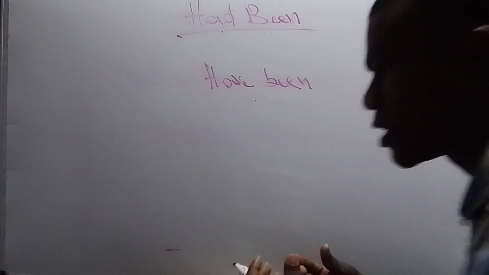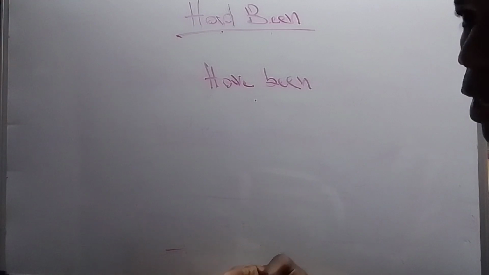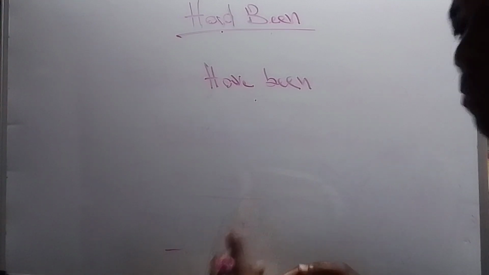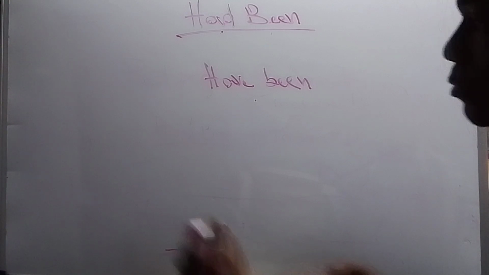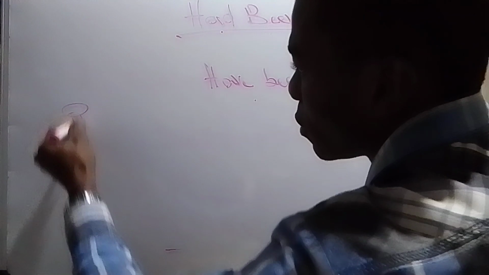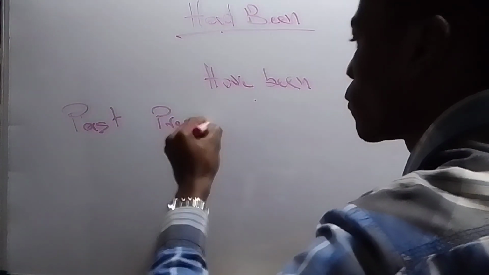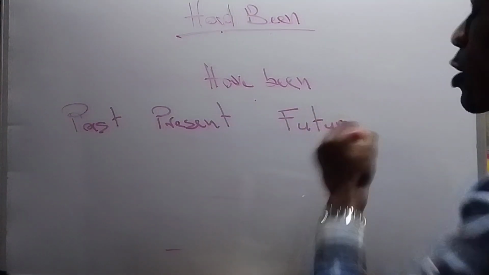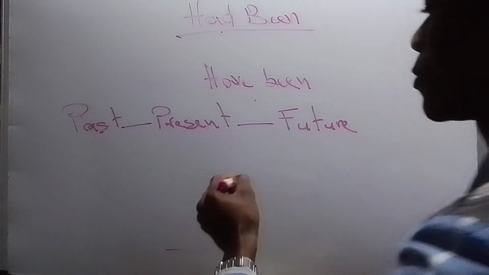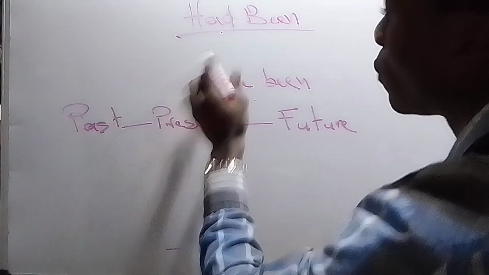The present perfect continuous is something that started in the past and continued up to another point in the past. Okay? This is the past, that's the present, and that's the future. I'm going to show you an example first for had been.